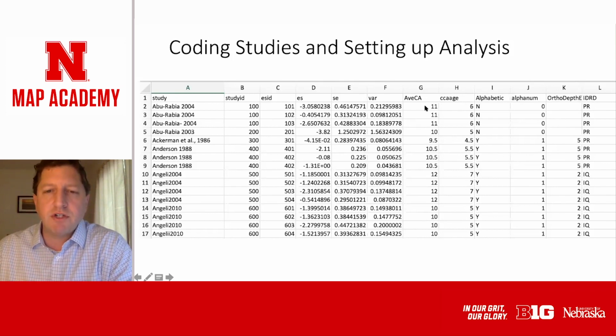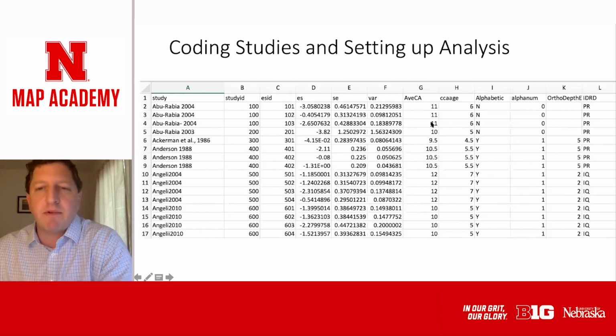So the average chronological age of the student, the centered chronological age of the student. So basically the earliest age was 5, and so I subtracted 5 from the chronological age of every student, so I would have an interpretable intercept.